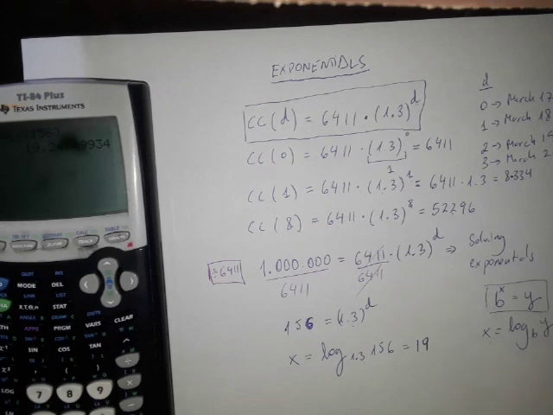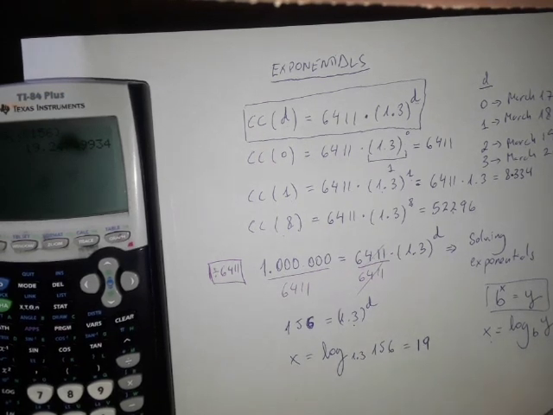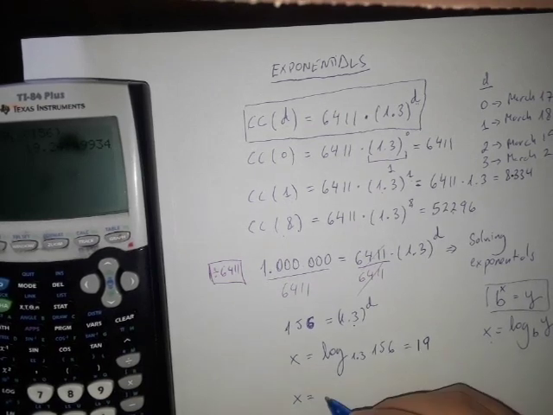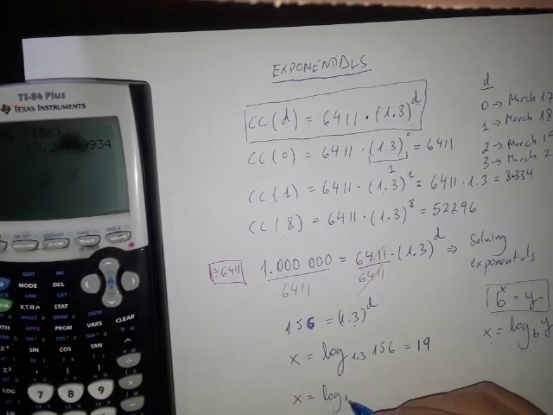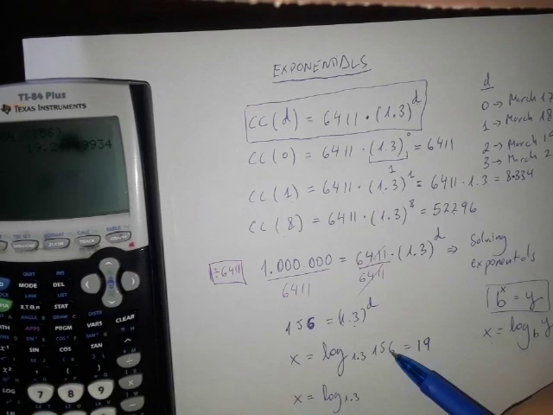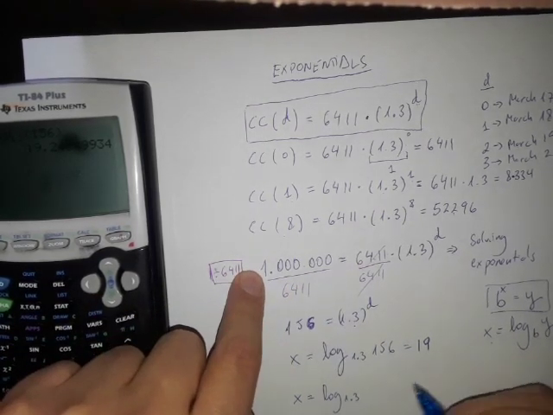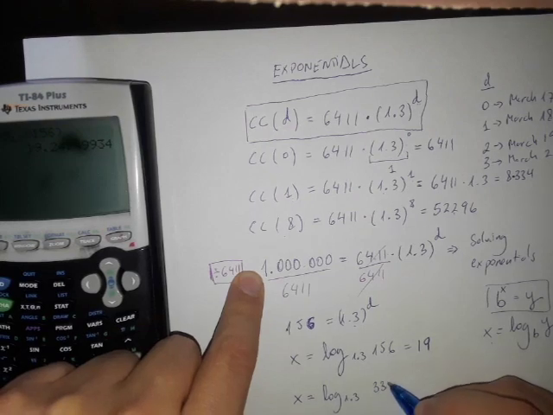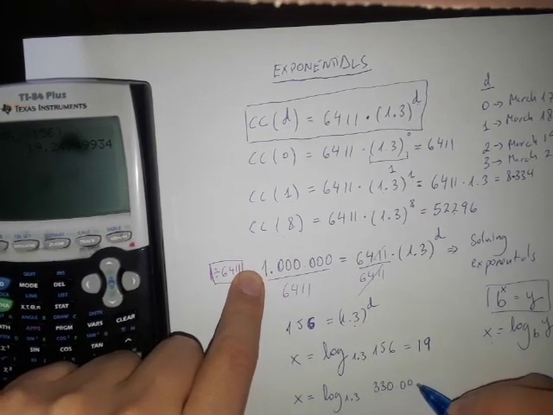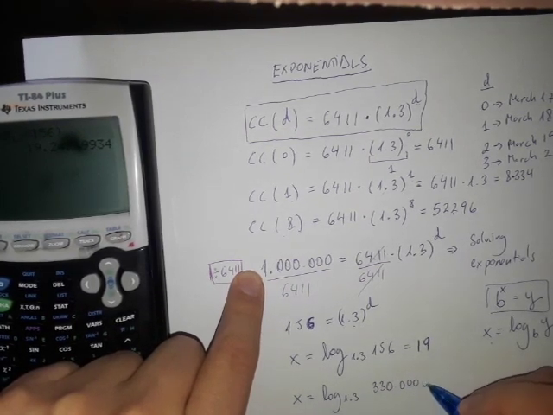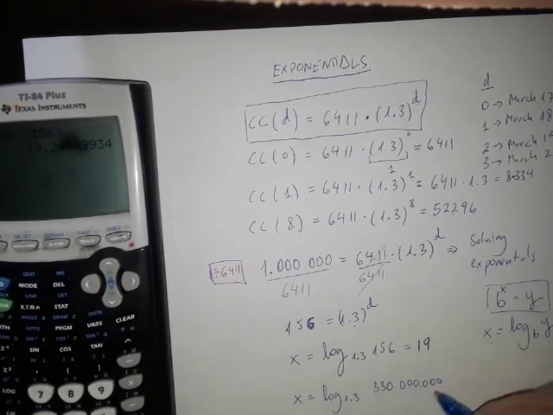If we do the same reasoning, it's log base 1.3, and instead of 1 million we're going to use 330 million people over 6,411.